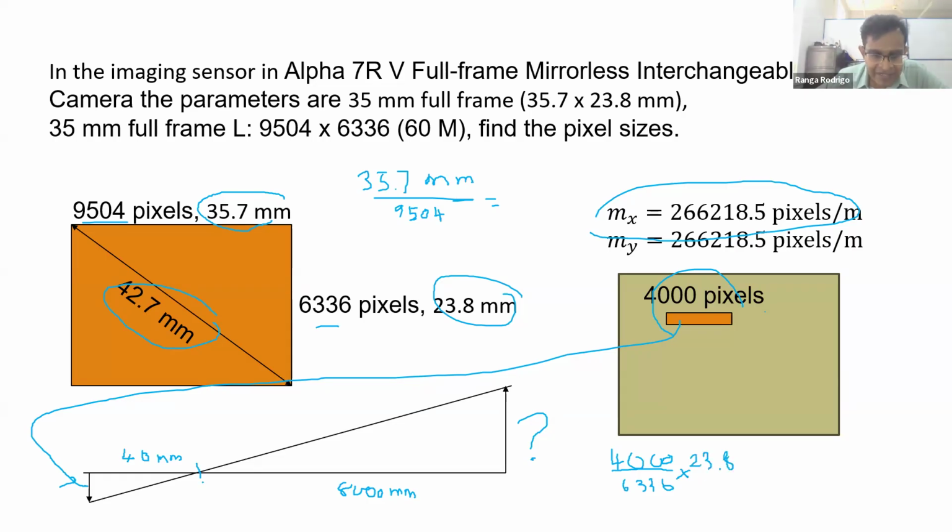What is the imaging geometry? This is F. To find the actual object size, you have to divide this by 40 millimeters and multiply that by 8,000. That's the size of this object in millimeters.